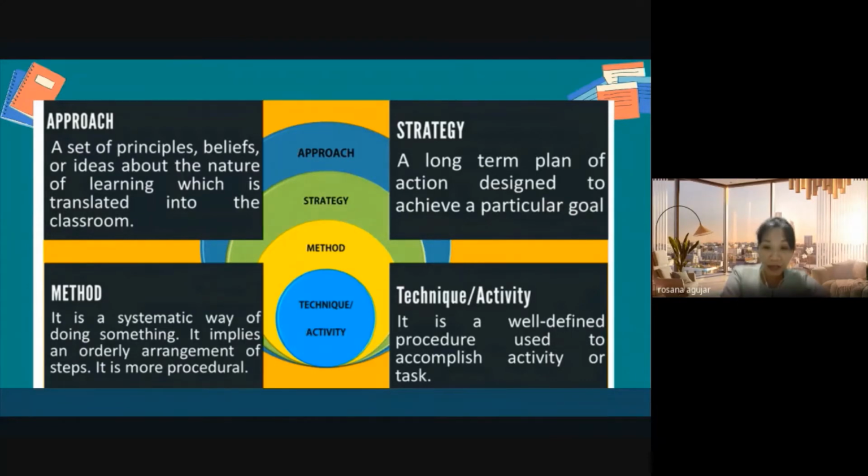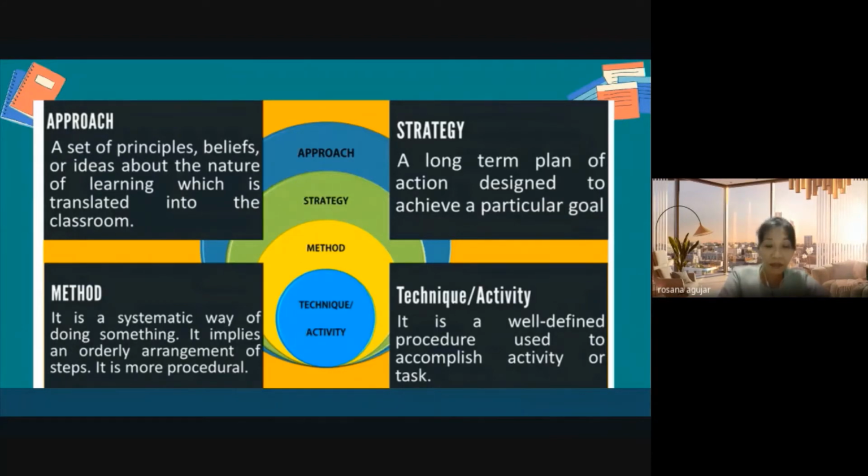my strategy is more on the skills demonstration because that is the only way that I can assess the performance of my students. Since in TLE, 70% of their grade will be coming from the performance/output or product.